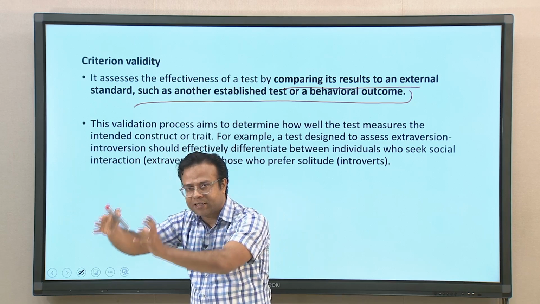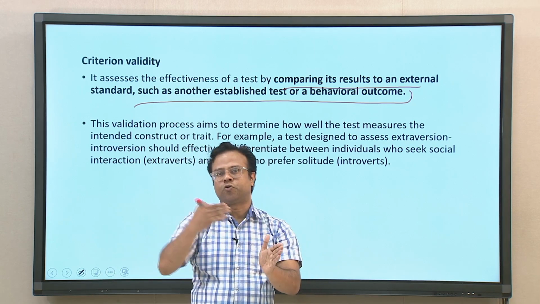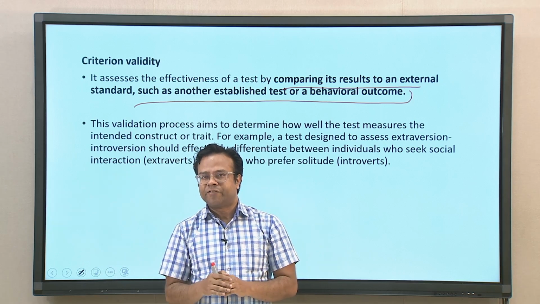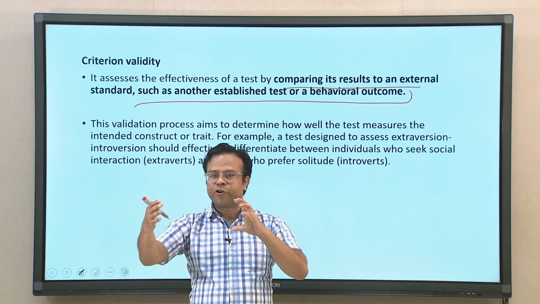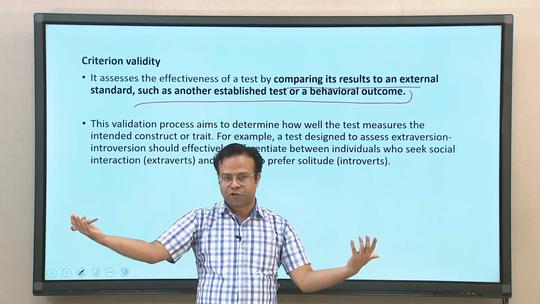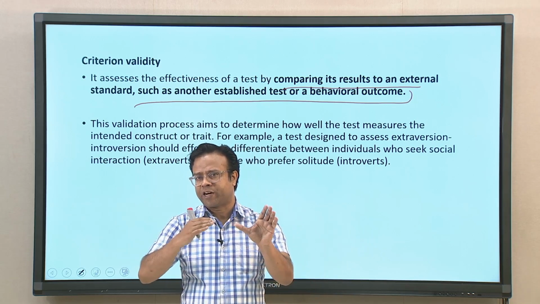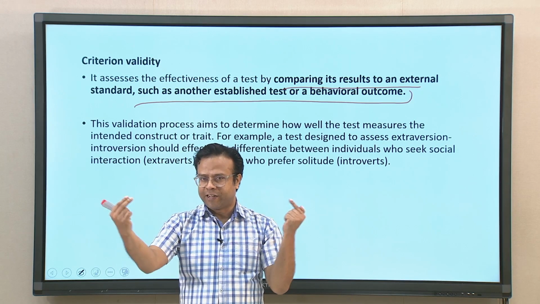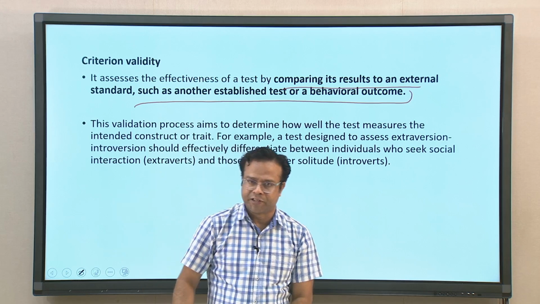Certain criteria are established first, and then the connection of the test score with those criteria is established to establish criterion validity. Again, obviously theoretical understanding and theories will play a role even in criterion validity, because you cannot put aside theories. Only criteria which should be expected to be connected are established, and then the connection is examined. If it is connected as per the expectation, then it establishes criterion validity.